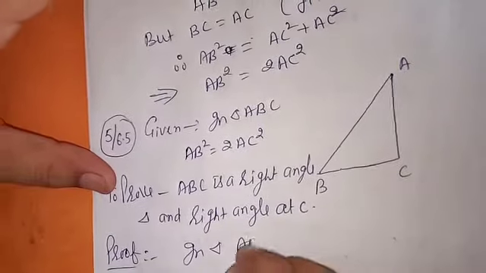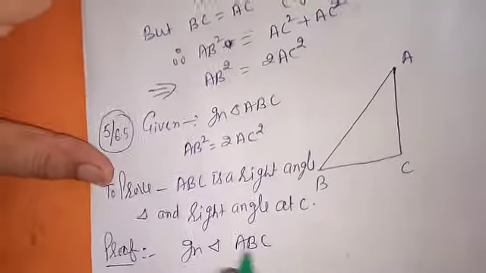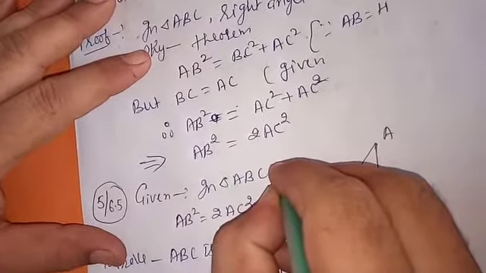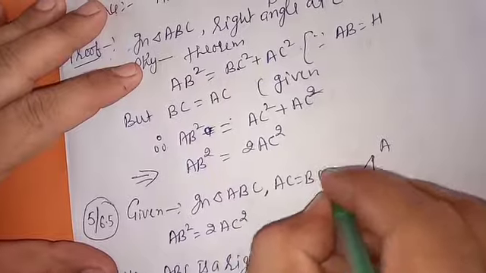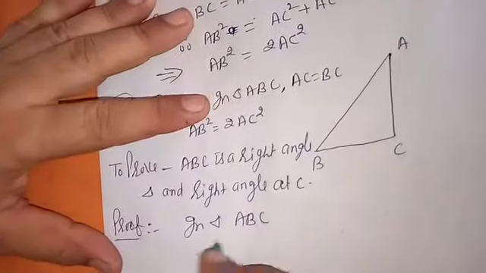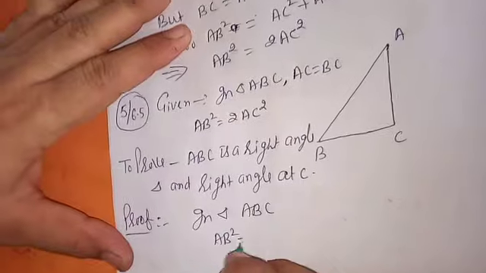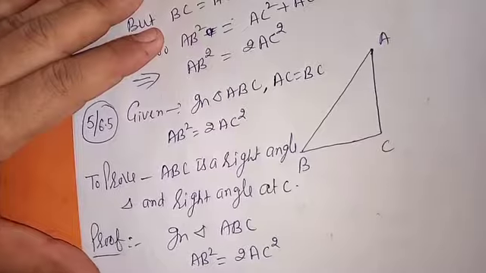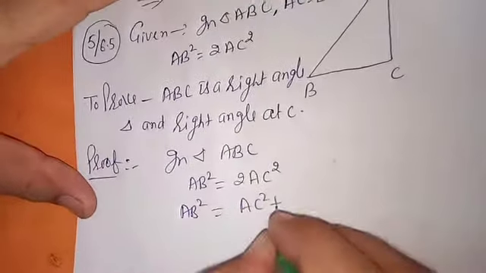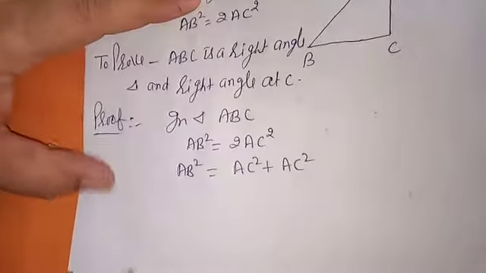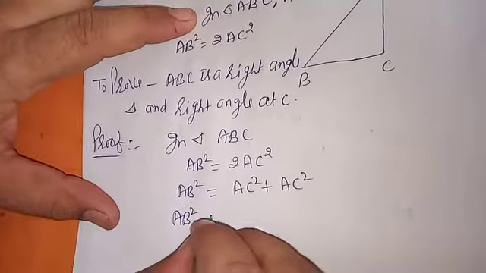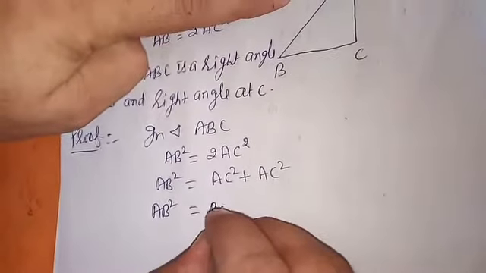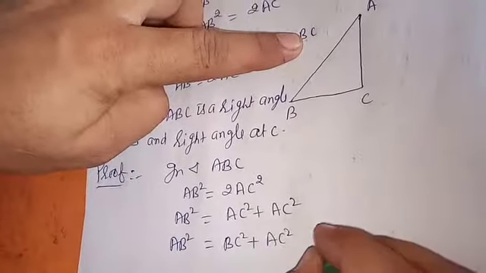Proof: in triangle ABC, what's given? AC equal to BC is also given to you. AB square is equal to 2AC square. This AB square we can write AC square plus AC square. In place of AC, what you can write? BC square plus AC square.